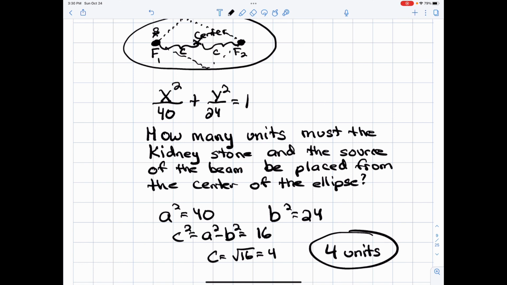And then on the other side, directly across from you, they want the source of the beams placed 4 units away from the center of the tub. So you turn the beam machine on, the beams start bouncing off of the tub walls, and then come and hit your kidney and help break up your kidney stones.